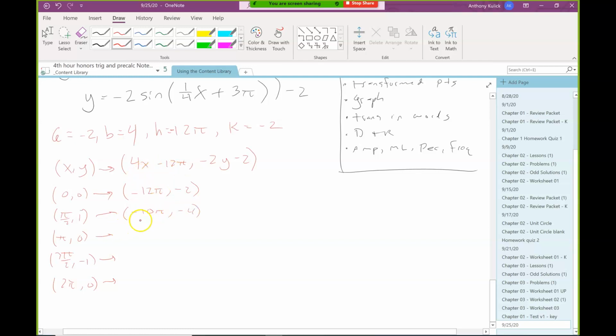Then I have 4 pi minus 12 pi, which is -8 pi, and then -2. I have 6 pi minus 12 pi, which is -6 pi, and then I have 0. And then I have 8 pi minus 12 pi, which is -4 pi, and then negative again. So let's go by 2 pi's here, right? So 2 pi, 4 pi, 6 pi, 8 pi, 10 pi, 12 pi.